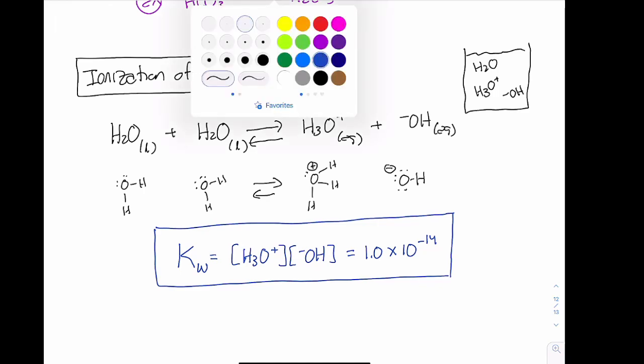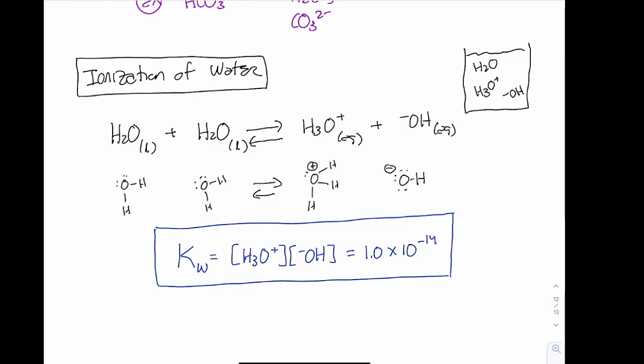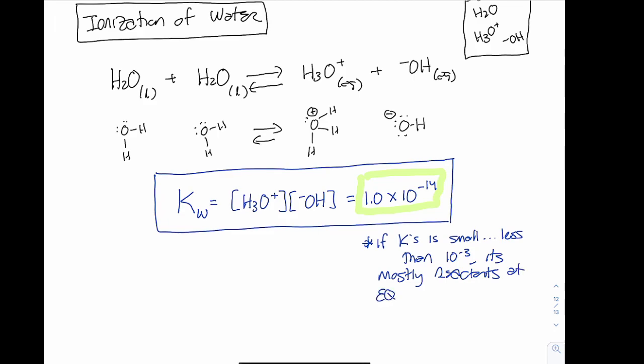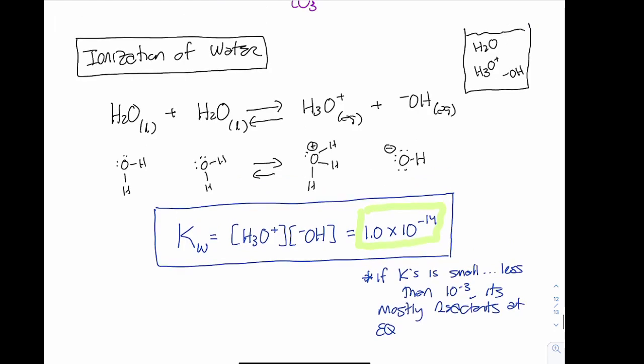If you look at this number, right, again, remembering back to everything we learned in chapter 13, that's a small number, right? Remember, if Ka's or Kc's, in this case Kw's, right, if my equilibrium constant is small, and we define small as less than 10 to the negative 3rd, it's mostly reactants at equilibrium. So when I say, right, if you have a glass of water, you actually have all of these things, right?